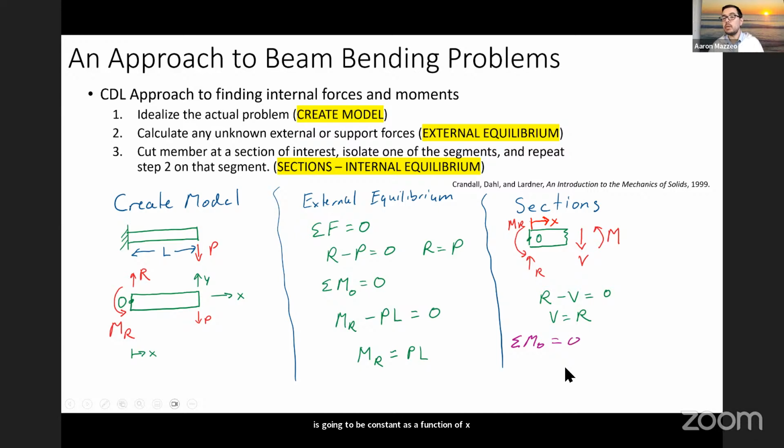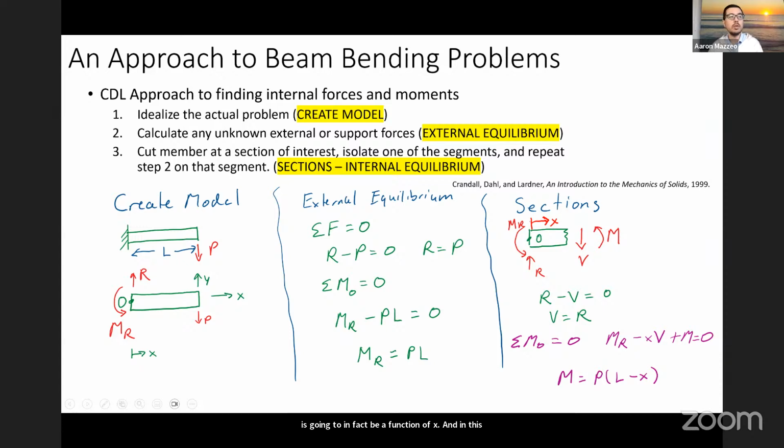Now, what I found last time while we were in class is a mistake. When we sum the moments at a given location, I hadn't done it correctly, but this is what it should look like, and this is what we corrected last time. And we see more clearly that this M, the internal bending moment that we're calculating, is in fact going to be a function of X. In this case, it's not going to be constant.